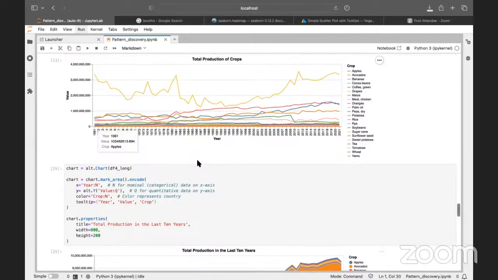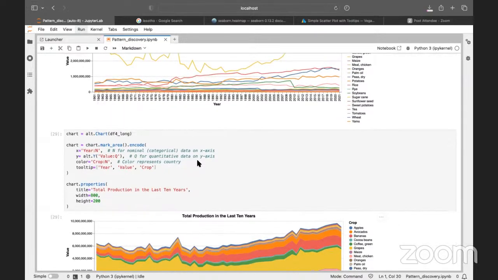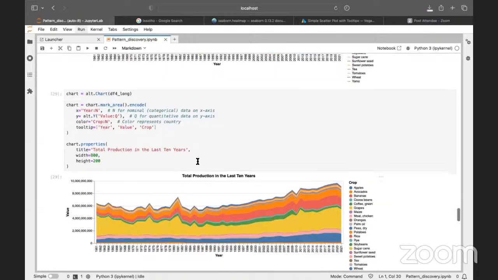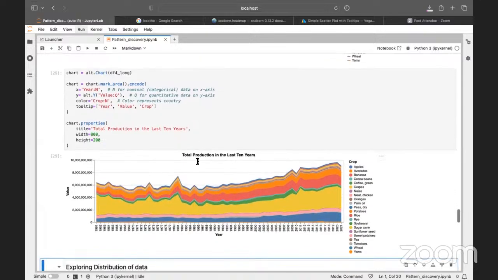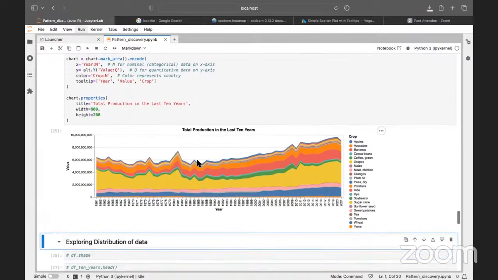Like I said, you should let your curiosity guide you whenever you are going through the exploration phase of your project. Ask questions that you want to know the answer to, and just play around with your data to figure out the answers.